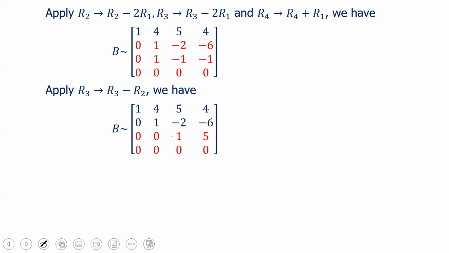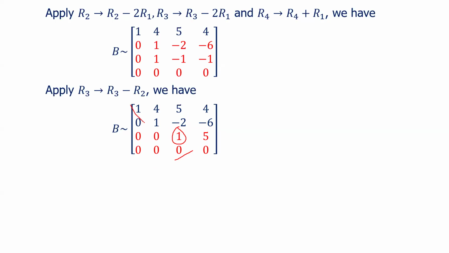Now we move to A33. A33 is already 1, and below A33 it is already 0, so no need to do any operation over here. Now here 1, 4, 5, 4, 0, 1, minus 2, minus 6, 0, 0, 1, 5, 0, 0, 0, 0.